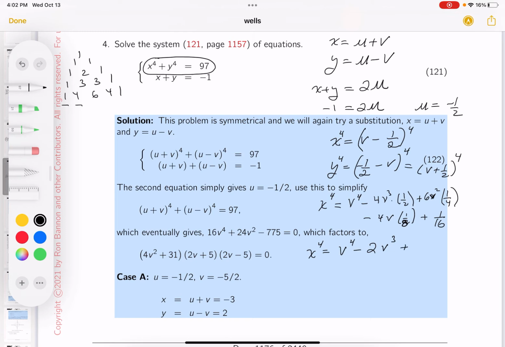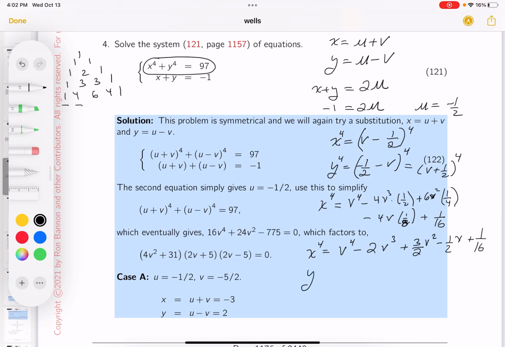This is going to be plus 2. I'm sorry, not 2. I'm really daydreaming here. Let's see, 6 divided by 4 is 3/2, right? Minus 1/2 of a v plus 1/16.